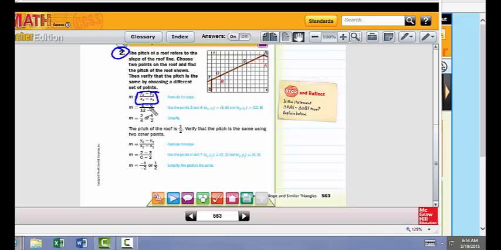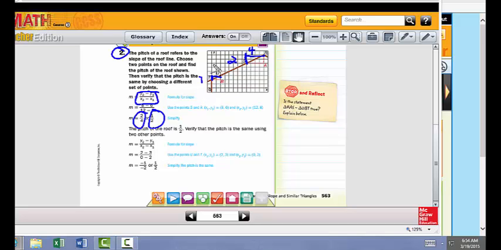So if we look at the first one here, they're saying 8 minus 6, so obviously they're talking about this triangle here. So when it comes to the rise, I'm just going to write the rise in on this side. Right here is my rise, and you can see that that is a rise of 2. And then if I come across this way, I can count that up and see that that's 4. So I have a rise of 2 over 4, just like they found, which of course is 1/2. Now if I look at the other one, I can look at this part right here and see that that's a rise of 1.